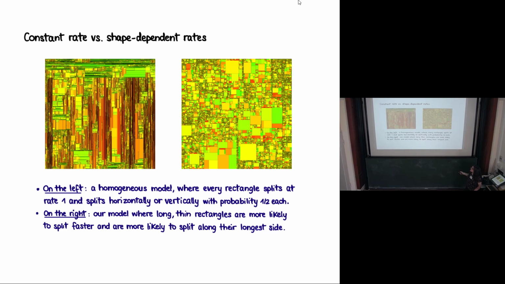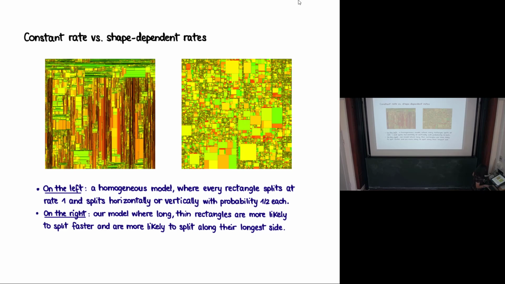These pictures have been obtained with random colors, but more or less the red should correspond to rectangles that are very thin, and green colors to rectangles that are very long and short. So you see that there's a prevalence of red and green. And in this case, you see a lot of squares appearing, and somehow yellow becomes the predominant color, which is in the middle of the red and the green.